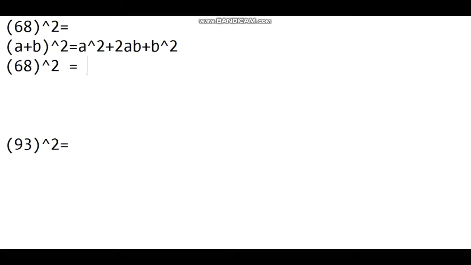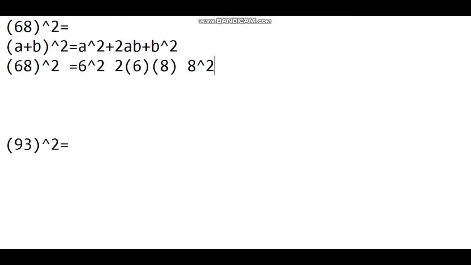So the equation becomes 6 square, a gap, 2 into 6 into 8, and a gap to prevent confusion. What is b? B is 8, so it means 8 square.